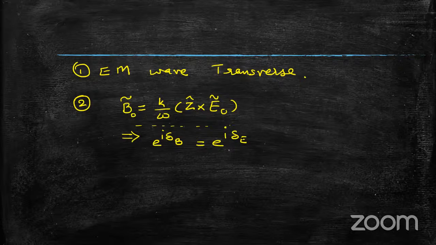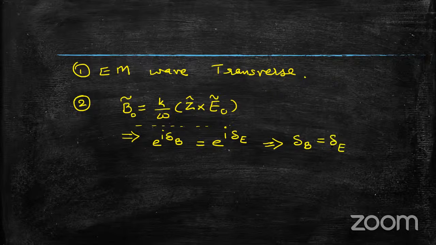You have an exponential component on both sides and a real part. You can take out the real part separately and the exponential part separately, right? The exponential part has to be equal on both sides, and the real part will be equal to each other. So e raised to i delta B on the left hand side and e raised to i delta E on the right hand side implies that delta B is equal to delta E. So both E and B fields are in phase with each other.